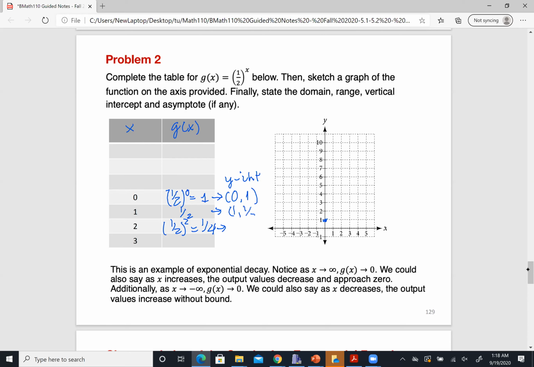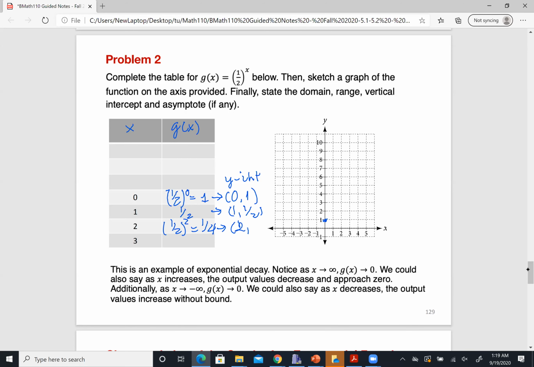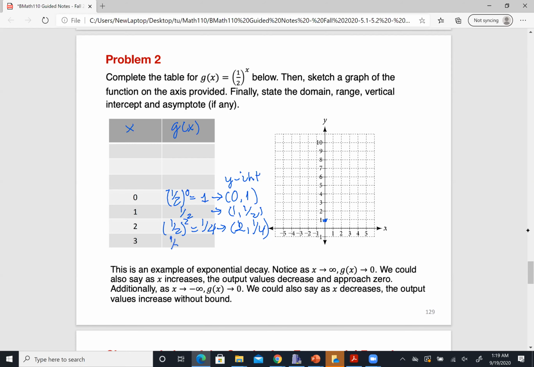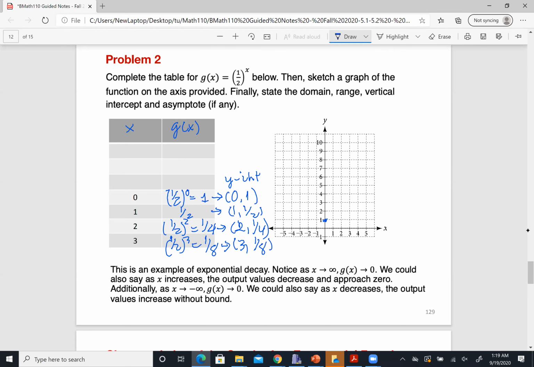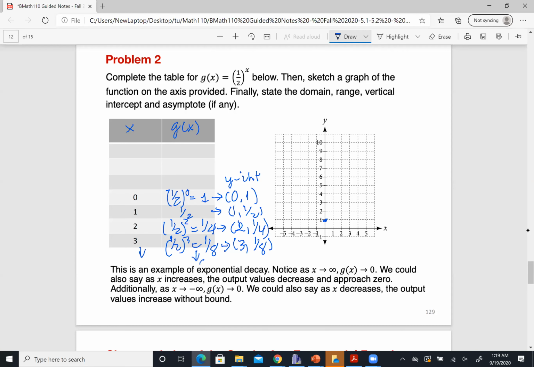So the 2 gives me 1 comma 1/2, and then 2 comma 1/4, and the third one, 3: 1/2 to the power 3 will be equal to 1 over 8, which gives me 3 and 1/8. And if you keep this one higher, then f(x) will go to 0, right?